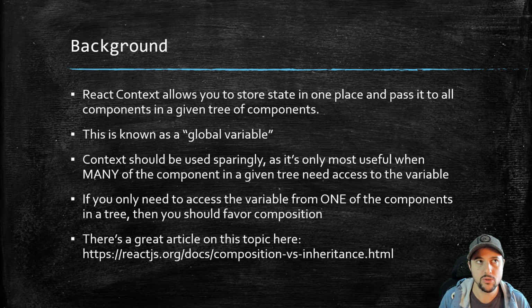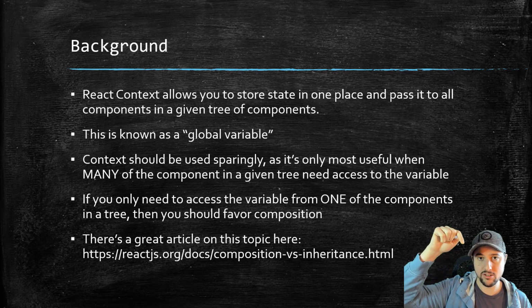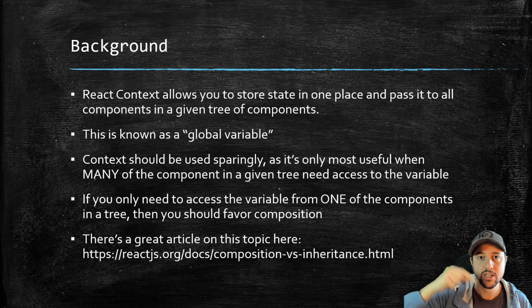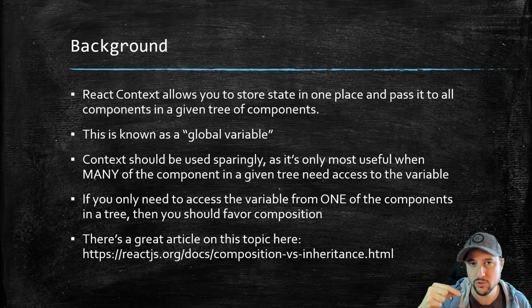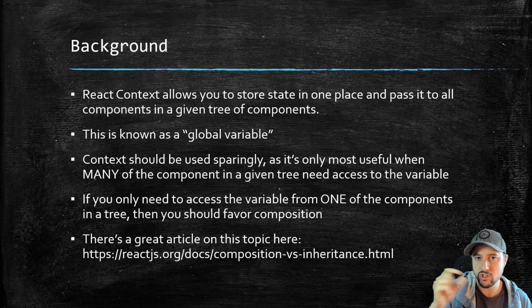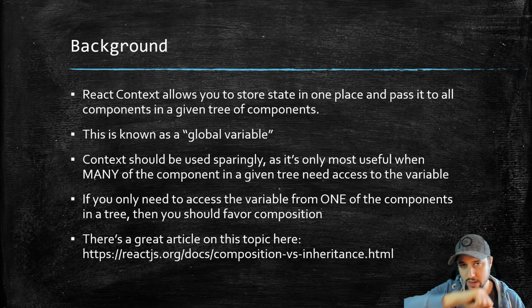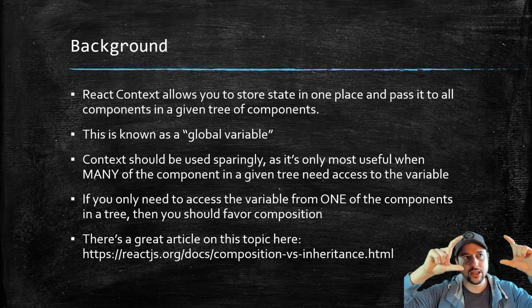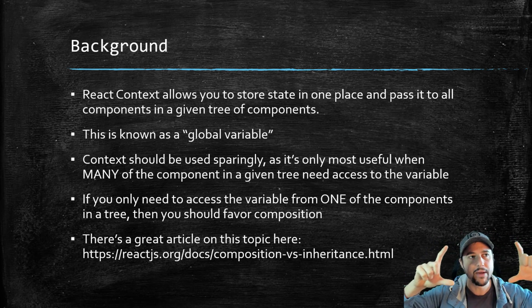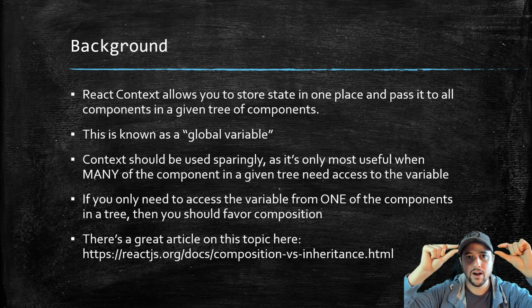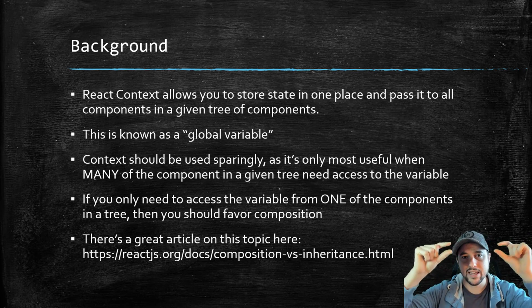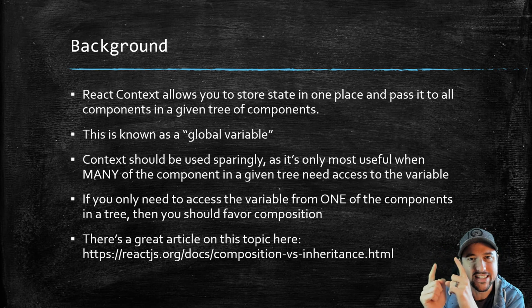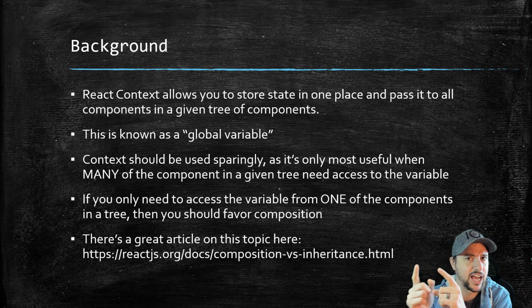Essentially, if you need to pass information from a parent component into a bunch of child components, but only one of those children needs to leverage that data. For example, you have your main page, and the main page has a navigation bar, and the navigation bar has another component inside of it, like the right-hand side of the navigation bar.